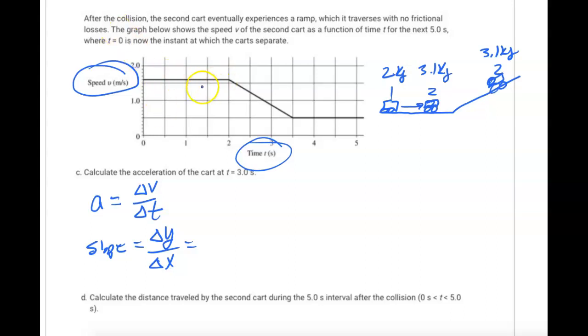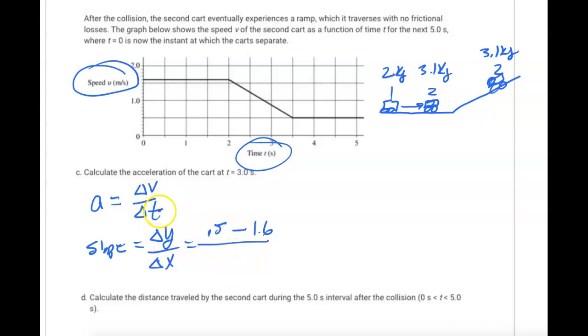So we know that our final y, be careful here, is 0.5. The thing furthest to the right is the final, because time always moves from 0 over to 5 here. So that'd be 0.5 minus 1.6, and we're going to divide that by the change in time, not position.